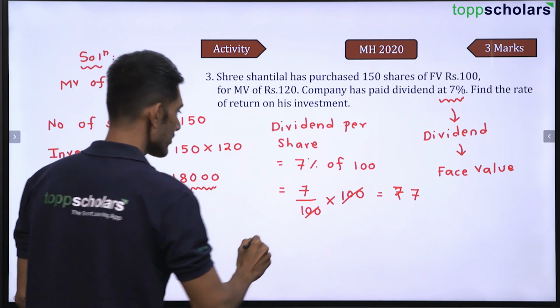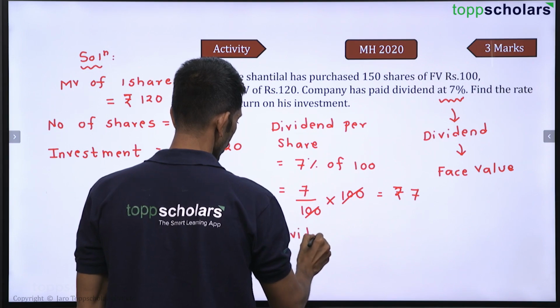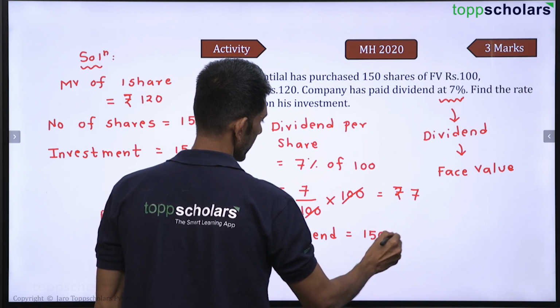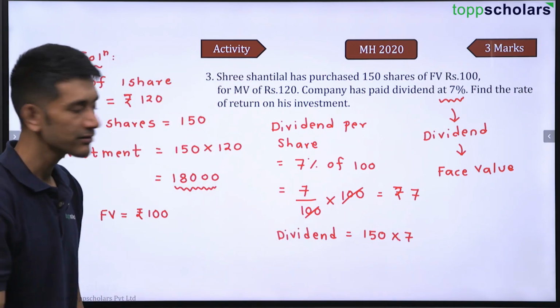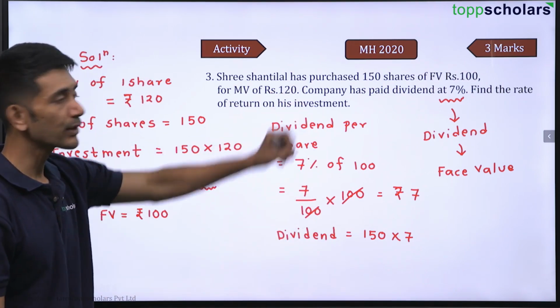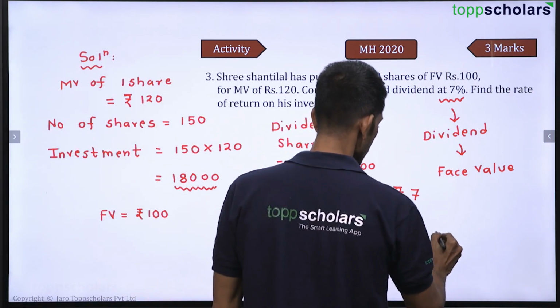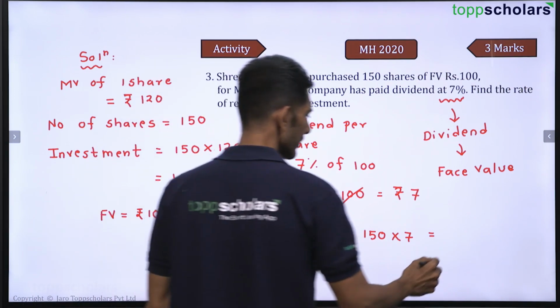So for 150 shares, the total dividend will be equal to 150 multiplied by 7. I hope this is clear to all of you, because he has purchased 150 shares and the dividend is calculated on the face value, not on the market value. So 15 sevens are how much? 15 6s are 90, 15 sevens are 105.